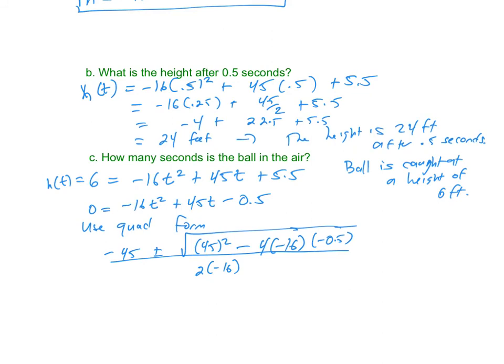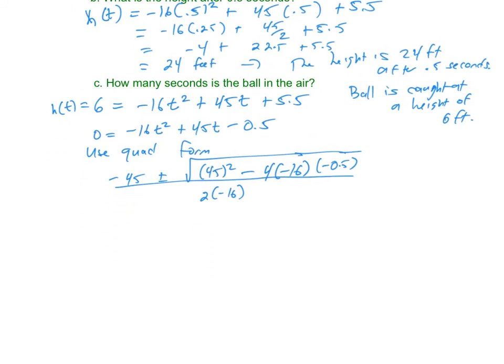And if we begin to simplify this, we can enter these things into our calculator. We get negative 45 plus or minus the square root of 1993. That's what 45 squared minus 4 times negative 16 times negative 0.5 is, all over 2 times negative 16, which is negative 32.